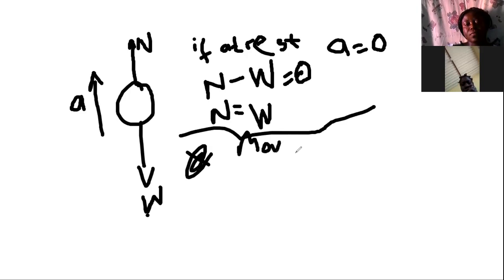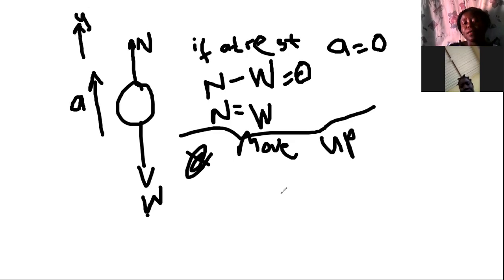So the elevator starts to move up. If we say this is up, which is positive, moving up, we have a positive y-axis. Then summing up the forces, we have that the normal force minus your weight is going to be equal to the mass times the acceleration.